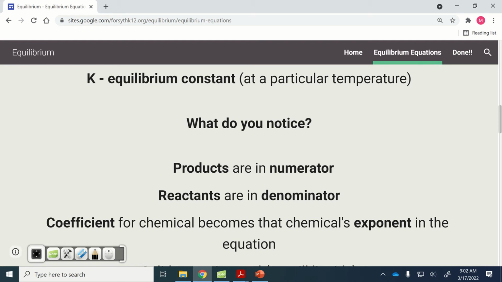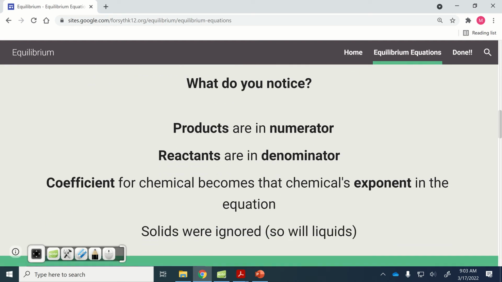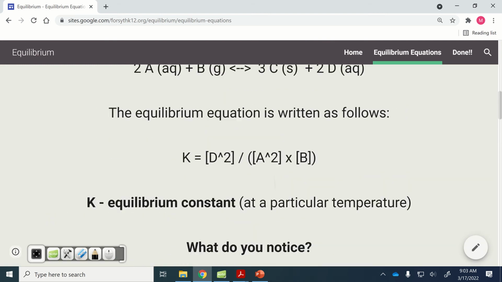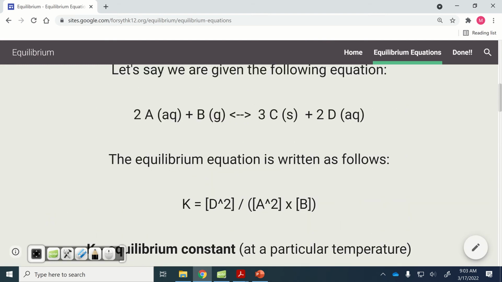Then the coefficient from the chemical reaction is the exponent that you're going to raise the concentration to. So going back up again, D is squared because there's a 2 coefficient in front of it. A is squared because there's a 2 coefficient in front of it. B is just to the first power because there's only a 1 coefficient in front of it.